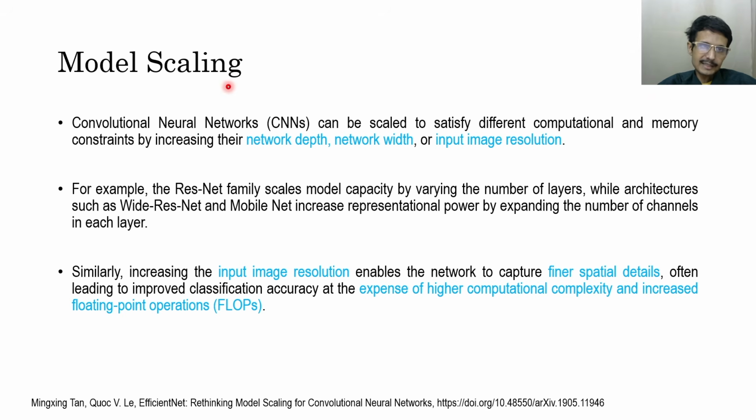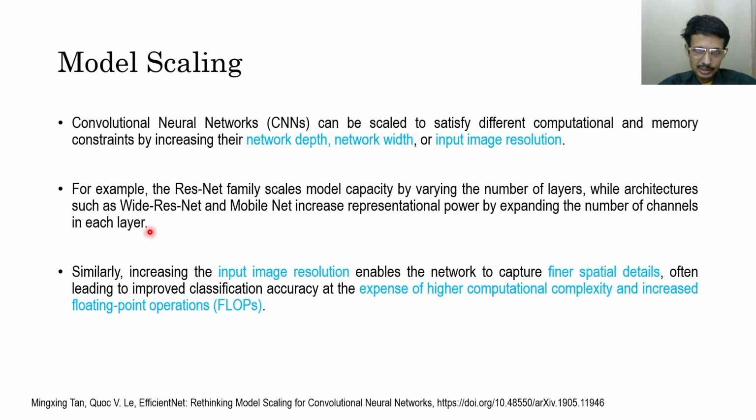Now, what do we mean by model scale? A normal CNN can be scaled to satisfy different computational and memory constraints by increasing the network depth, network width, and input resolution, which we have understood. For example, the ResNet family scales model capacity by varying the number of layers, while architectures such as Wide ResNet and MobileNet increase the representation by expanding the number of channels.